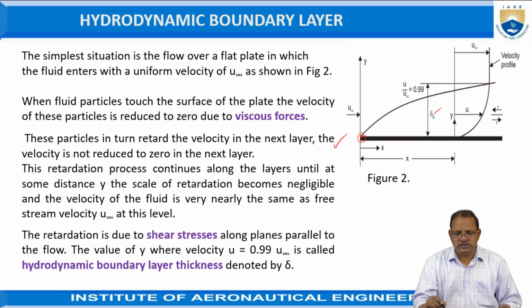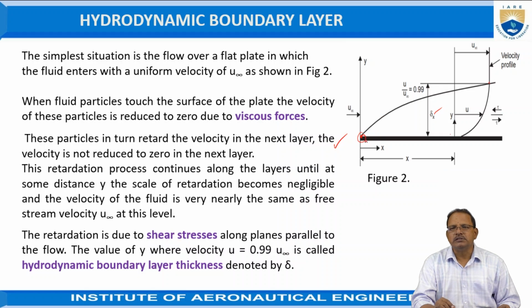Generally it is represented by delta now. In this retardation process, the velocity becomes 0 when the fluid layer touches the stationary plate because of viscous forces present in it. So the layer which is adjacent to it and above it, the resistance forces comparatively decrease. It attains from 0 velocity to a certain velocity.